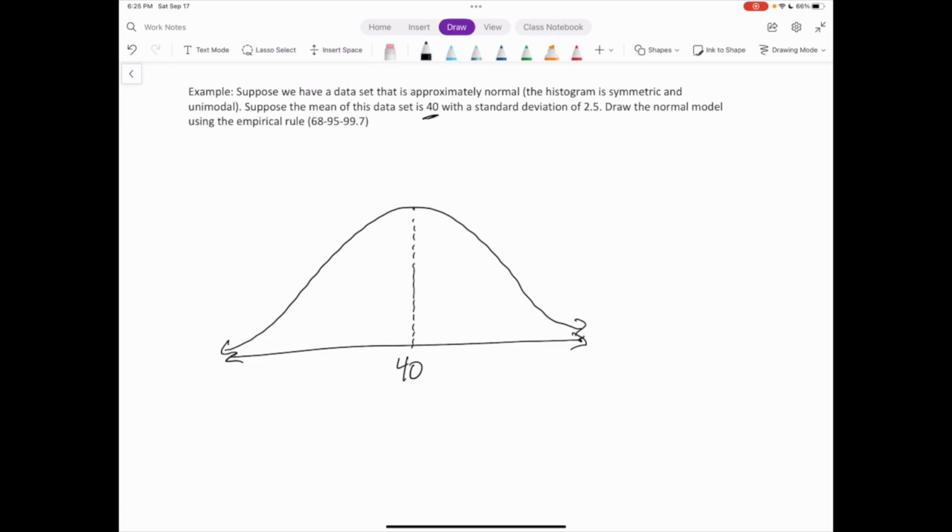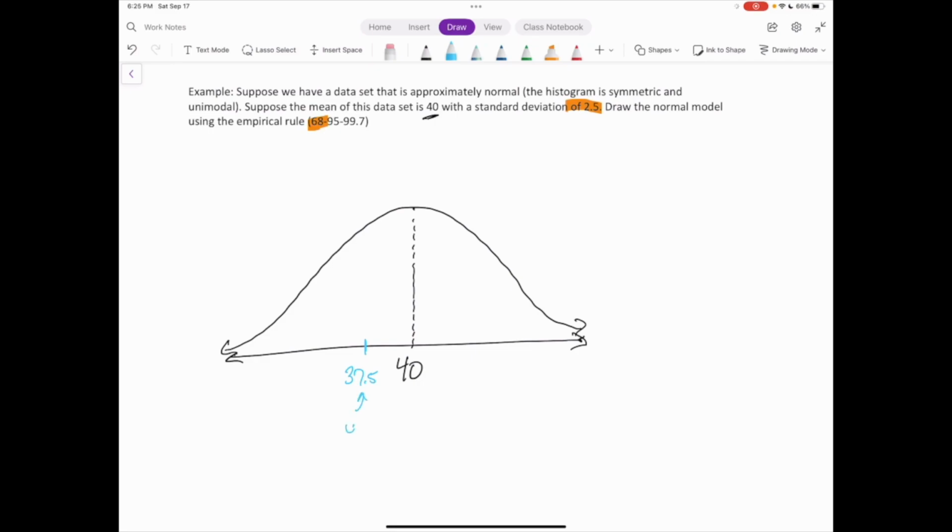Okay, so 68% of my data lies within 1 standard deviation, and the standard deviation is 2.5. So let's go a different color here. If I go to 40 and I subtract away 2.5, that will give me 1 standard deviation to the left. 40 minus 2.5 gives me 37.5.